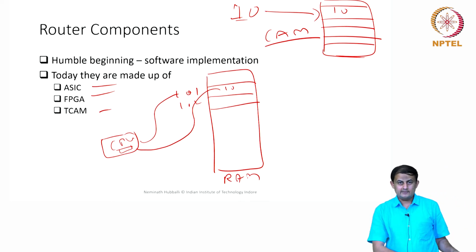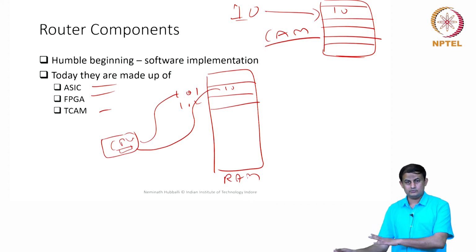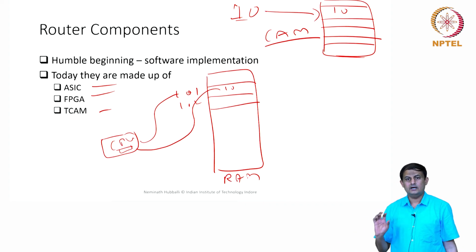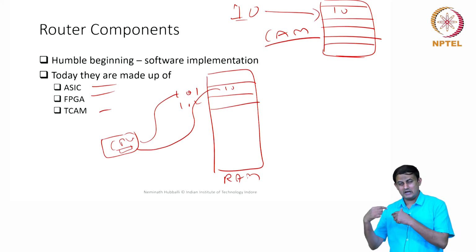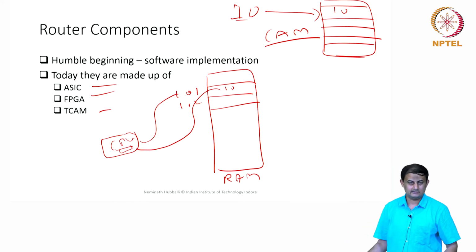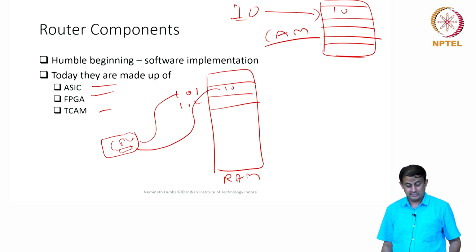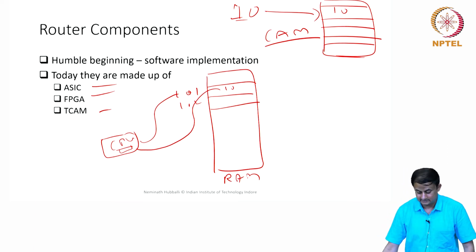I have got an IP address and I want to do the lookup operation, and I can ask the router to quickly find out: I have got a packet with this so and so IP address, do you have a routing entry for this IP address, and if yes, what is the location, and what is the port number on which I need to send this. That is the kind of operation I'm looking at.